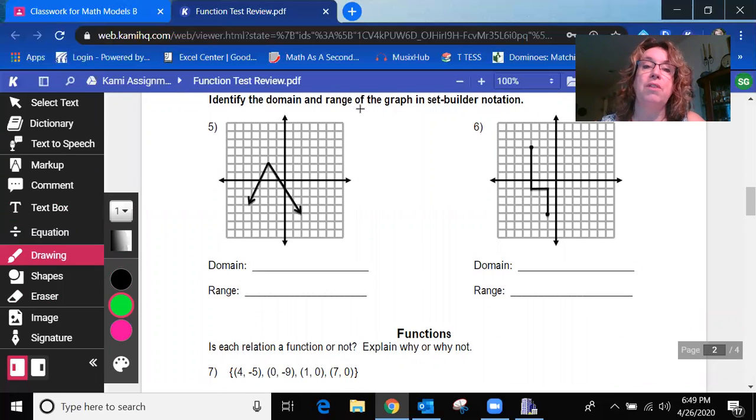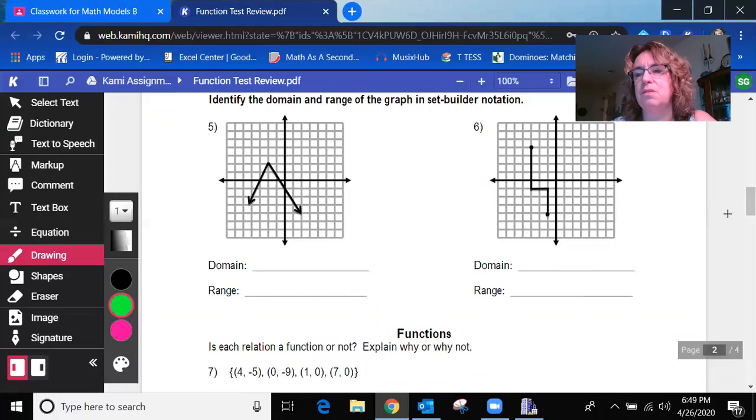They might ask us here. So here, this is domain and range in a different way. And again, I just posted a video to review domain and range for all the different ways. So domain, we're going to ask how far to the left and how far to the right. This is not a list of numbers because this is connected. It's continuous. It's not discrete. If it's discrete, you're going to have a list of numbers.